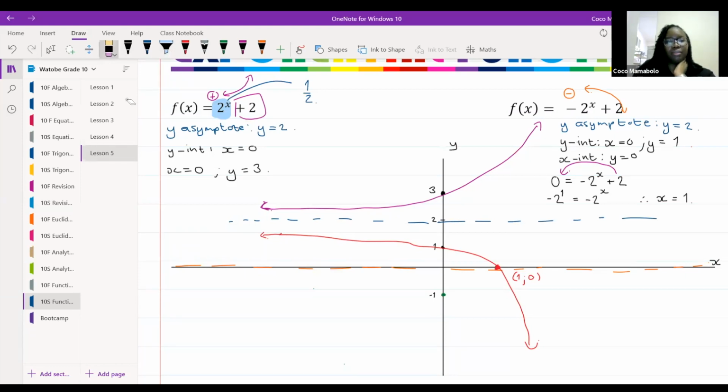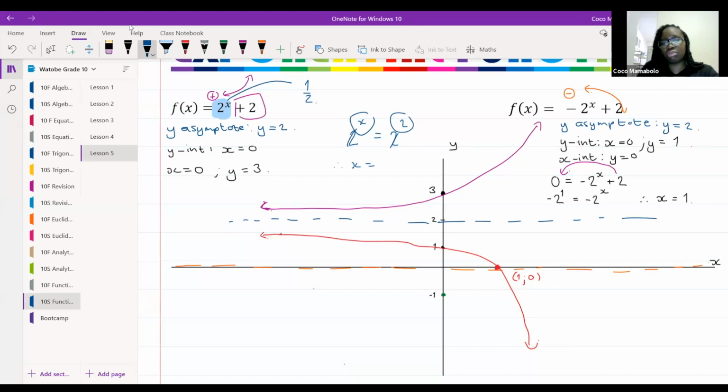Why is x 1? Okay, if I said to you that I've got 2 to the power of x is equal to 2 to the power of 2, what must x be for this to be true? X must equal 1, because you just cancel the 2's. If I cancel the 2's, x is equal to? Look at the exponents.